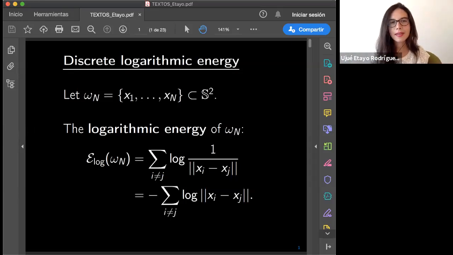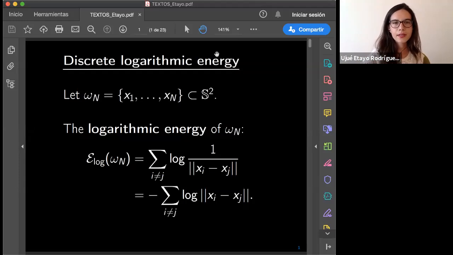And let's start with the main notion during this talk, that is the logarithmic energy. We are going to work with a set of N points on the sphere of dimension 2. We are always going to call this set omega N, where N is the number of points that we are taking. Also, we are going to denote by x sub j the points on the sphere.